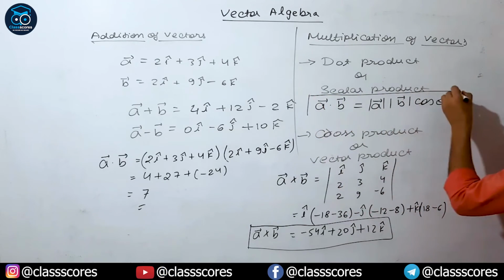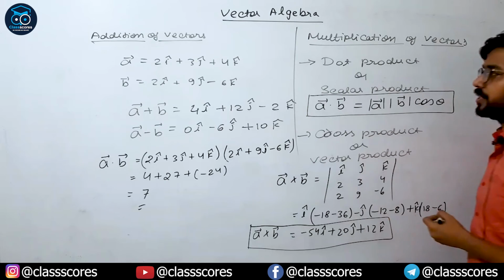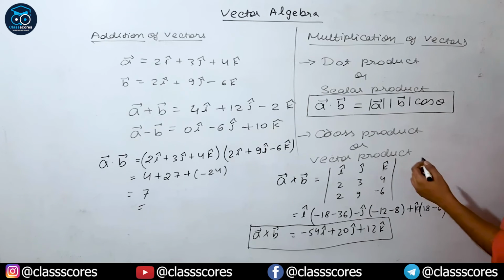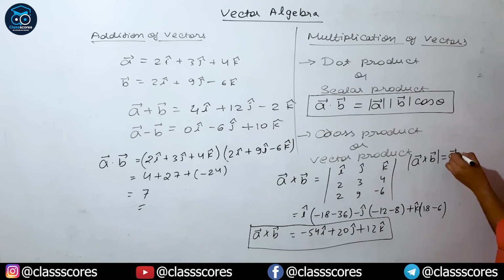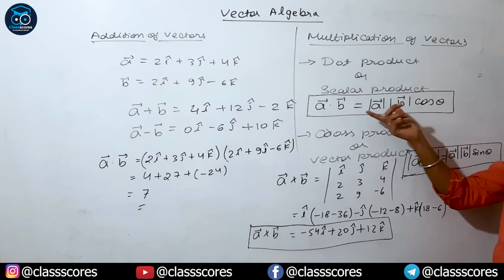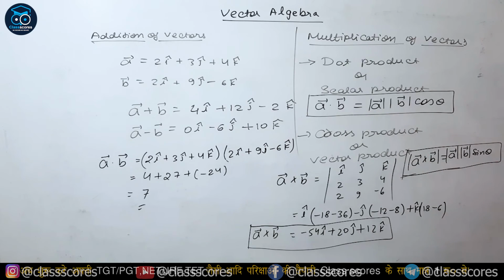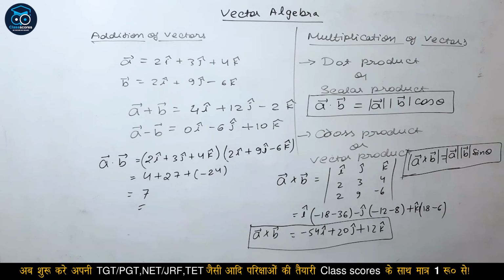This is the key equation for dot product, and for cross product it will be mod of a vector cross b vector equals mod a, mod b sin theta. So this will be the key equation for cross product. Whenever we need to find the angle between two lines, with the help of this we are going to find the angle between two lines.